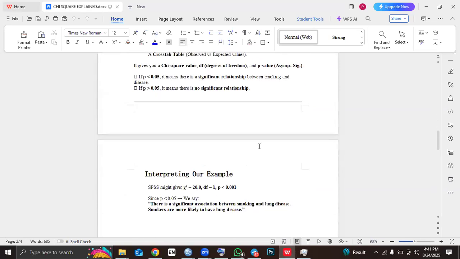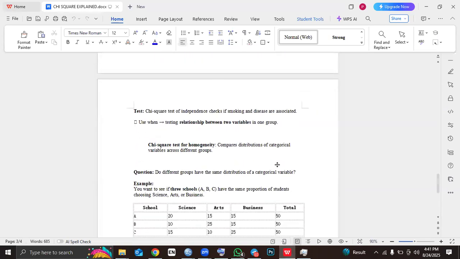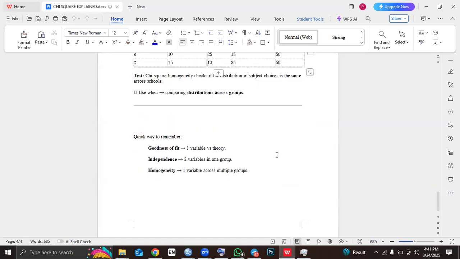So in this example, we are going to be taking the chi-square test of independence. Remember from our previous lessons, we spoke about when to run the chi-square of independence, and we said that it is run for two variables in one group.